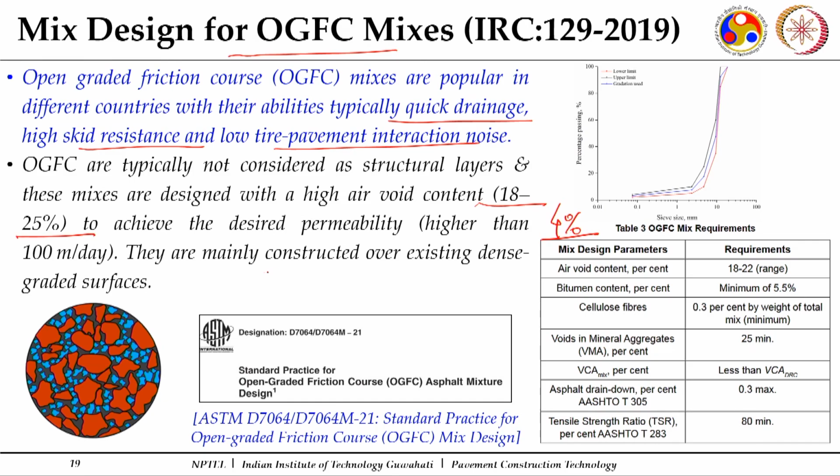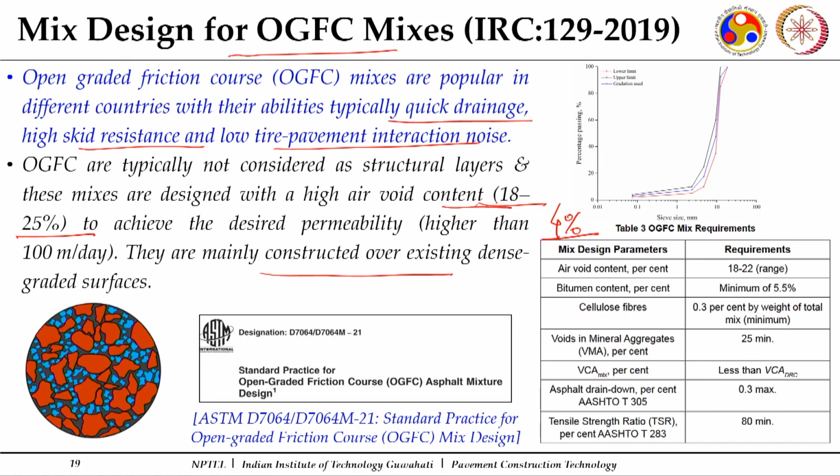So, this is important. Now, the compaction process is different. Usually in SMA we give the compaction through Marshall hammer of around 50 blows on both the faces. So, the compactive effort needs to be changed when you are working with different mixes.